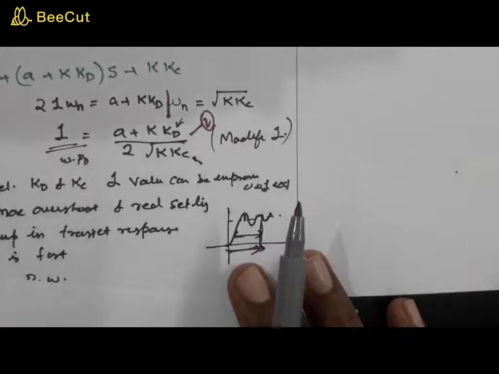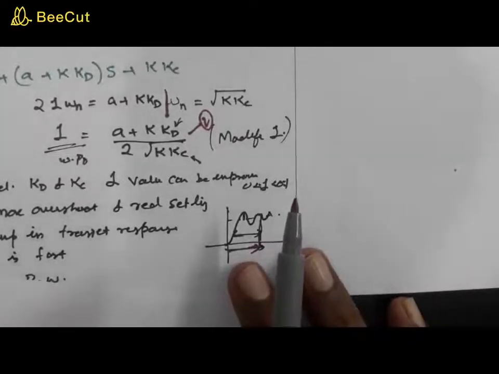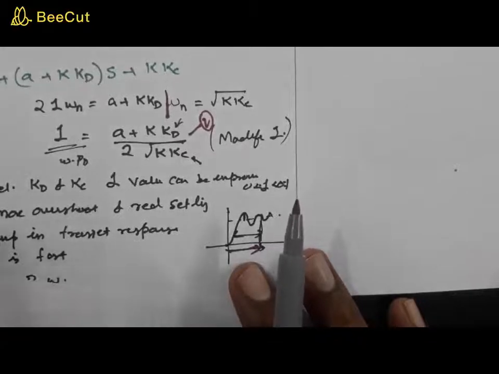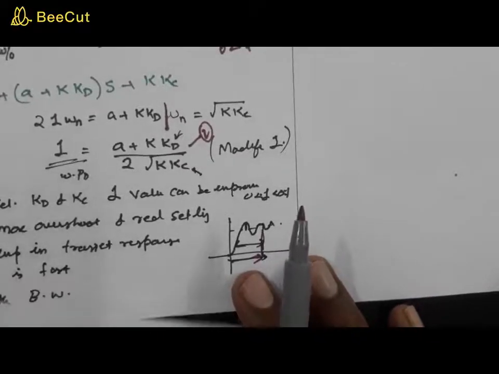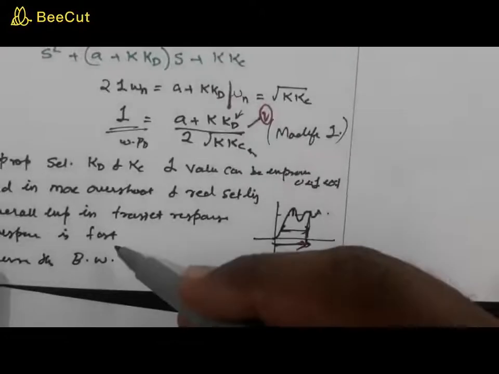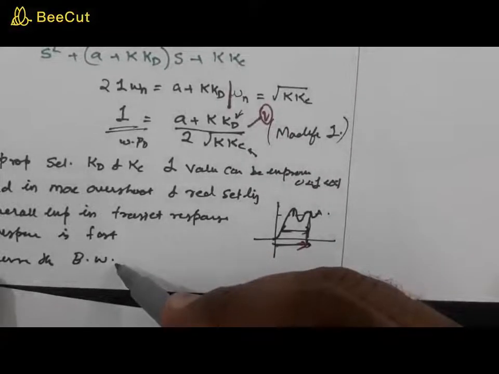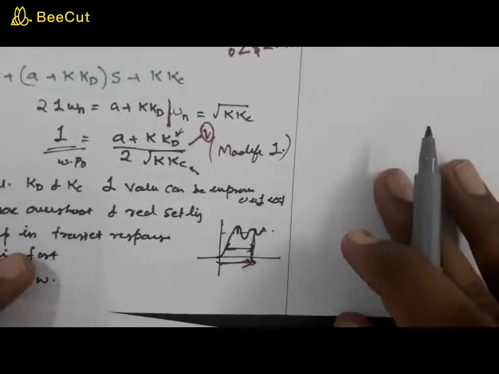So when you add the derivative along with the proportional, the whole system gets the advantage of the derivative controller, which makes the response faster, and finally it increases the bandwidth.